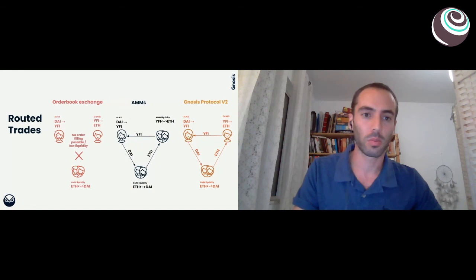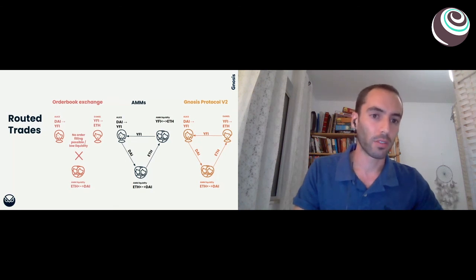So it's just not possible to execute this kind of trade. And in AMMs, both of them will be able to execute their trades against the available liquidity, but they will not leverage the coincidence of their wants.